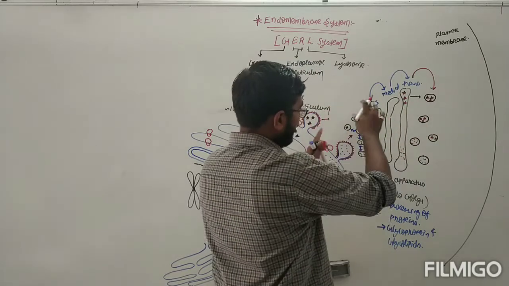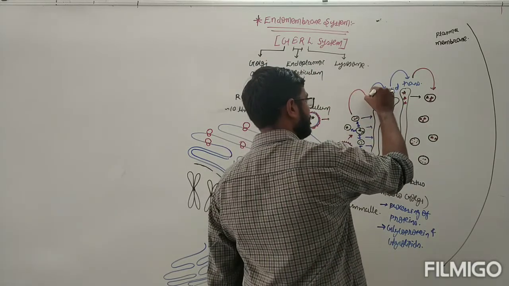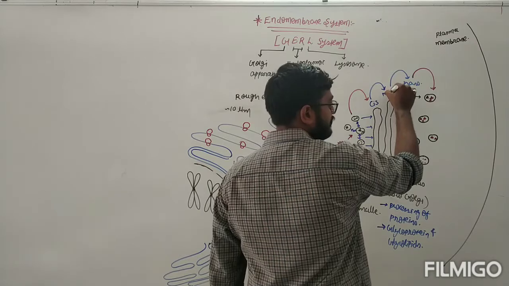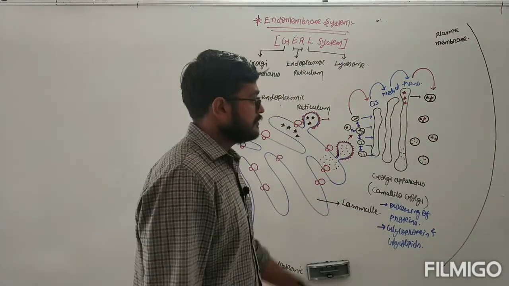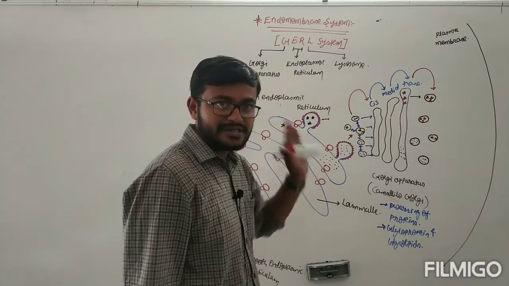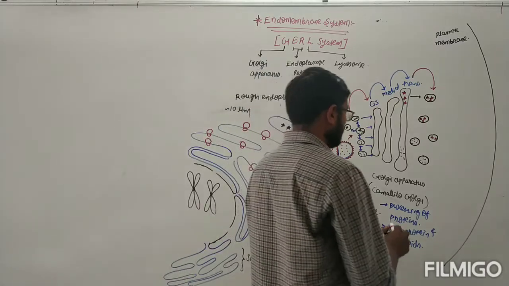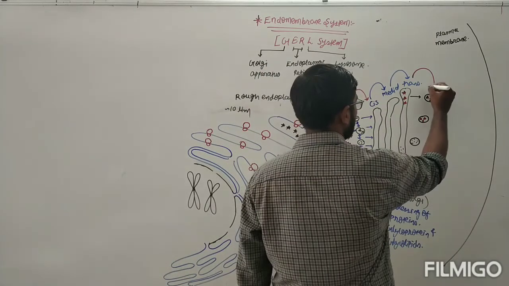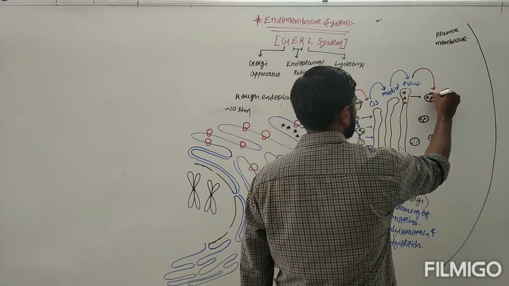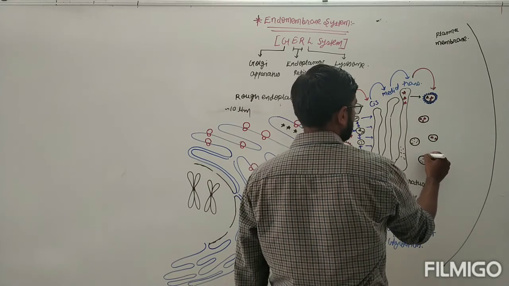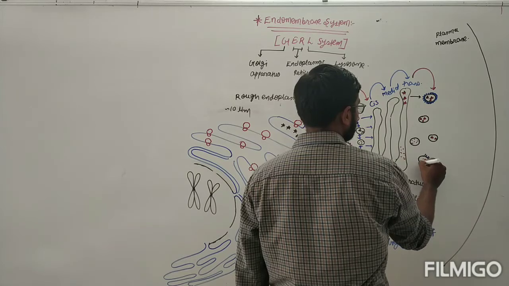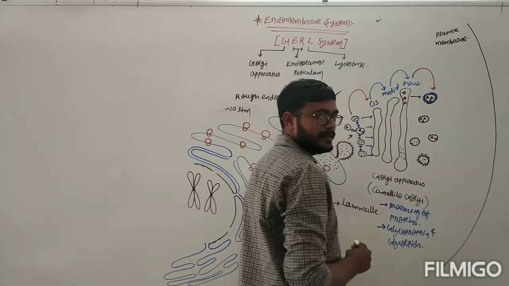And again from the back side, new vesicles are converted into cis. Cis converts into medial, medial into trans, and trans again disappears away. So this process continues. But once the vesicles are separated towards the upper side, different kinds of addresses are tagged on each of them.